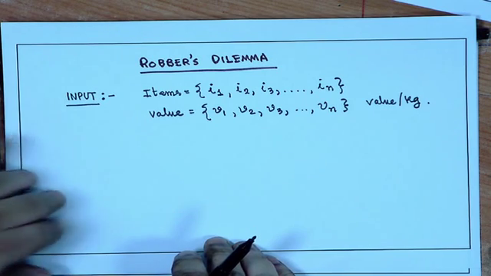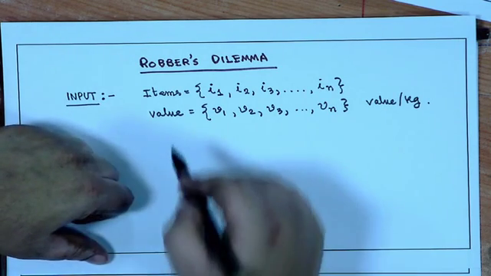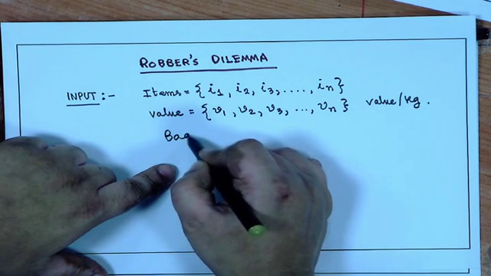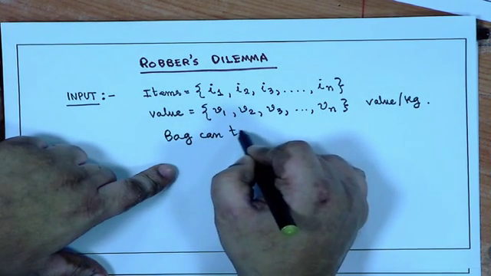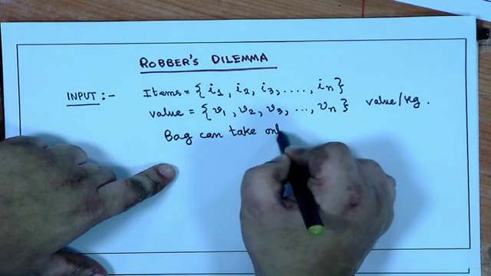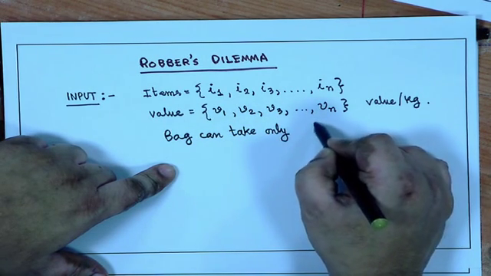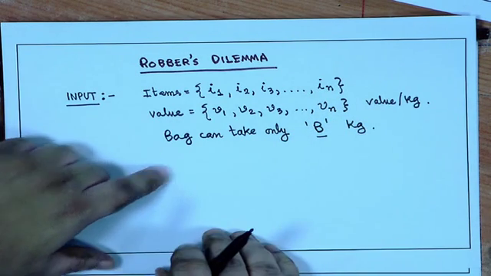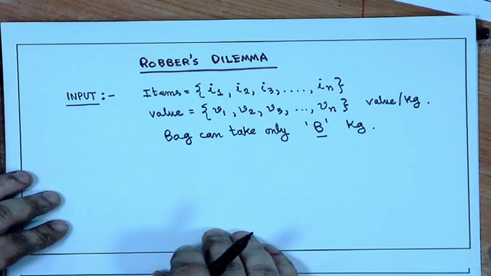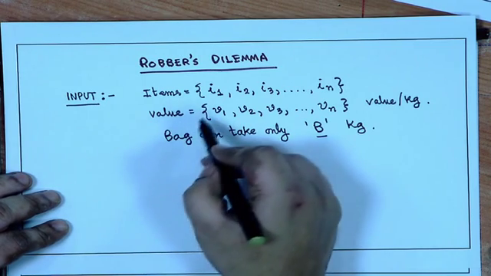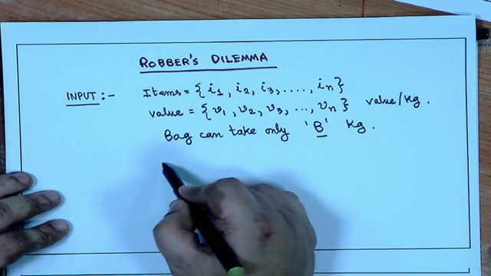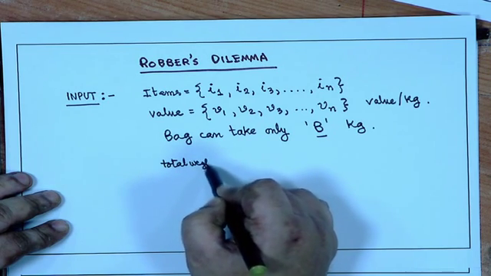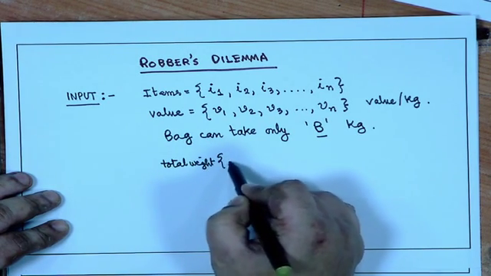He wants to take all the items, but his problem is that his bag can take only B kg total. And each item has got a total weight of what is there.